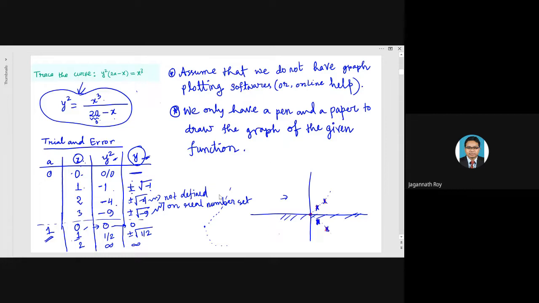So you have this much, but you don't know where to start and where to stop to draw the graph. This trial and error method is not that effective to give you the best idea of the actual structure of the graph.